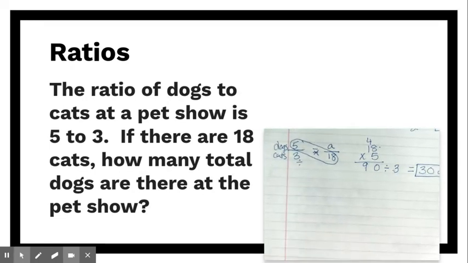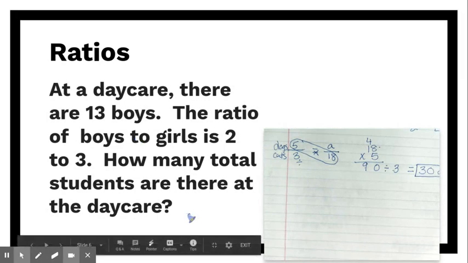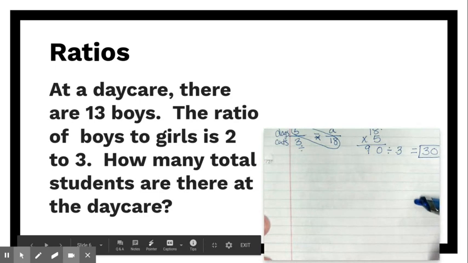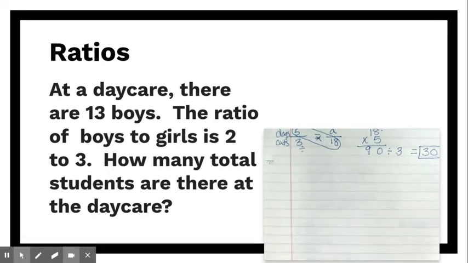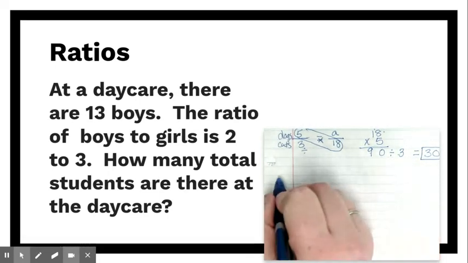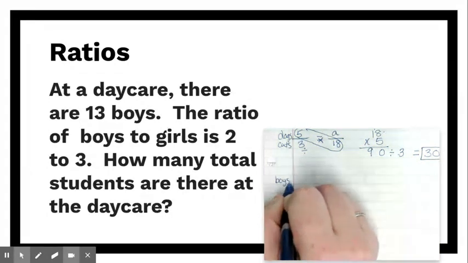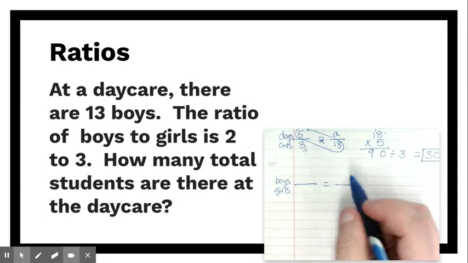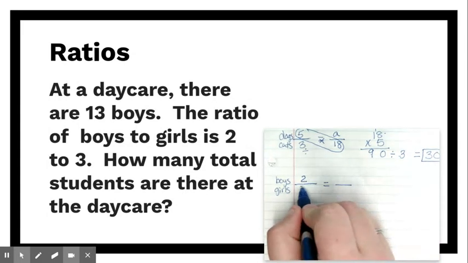Let's do another one. This one's going to be a little bit harder. At a daycare, there are 13 boys. The ratio of boys to girls is 2 to 3, so 2 boys for every 3 girls.